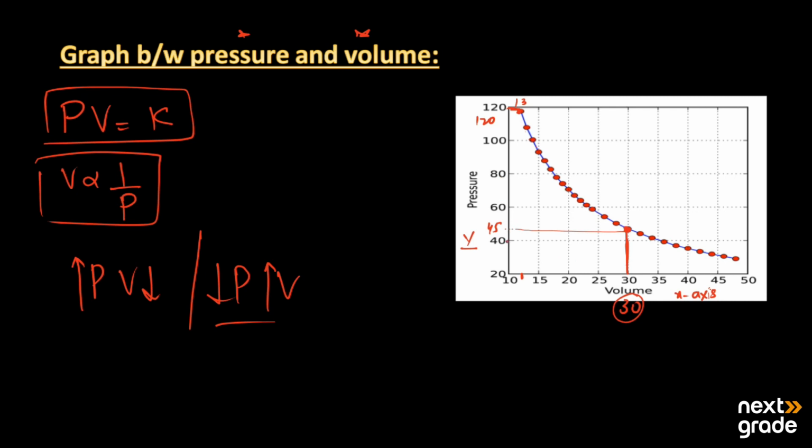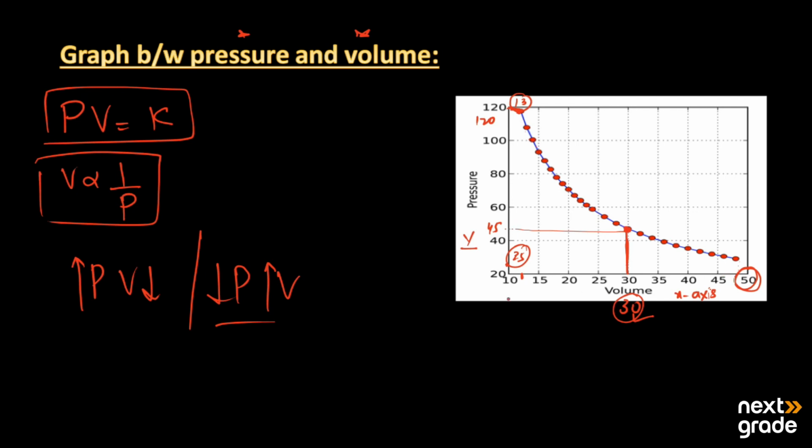So by the decrease of the pressure, the volume increases from 13 to 30 centimeter cube. At the end, when we reduce the pressure from 120 to almost 25, the volume of the gas reaches almost 50.